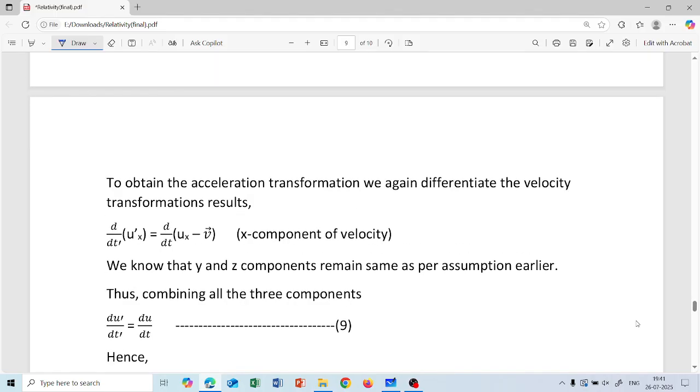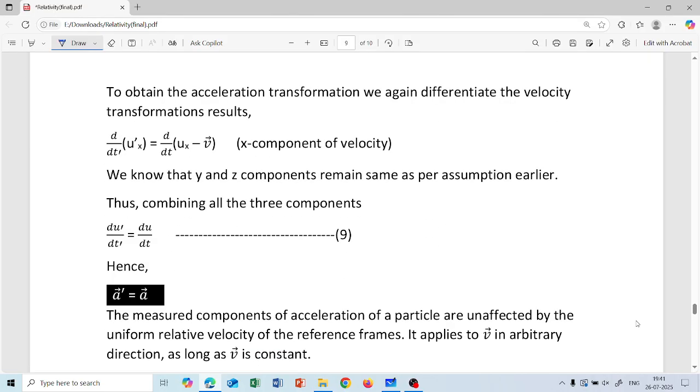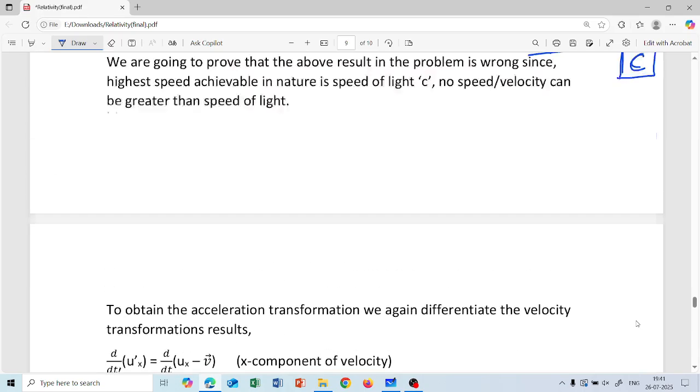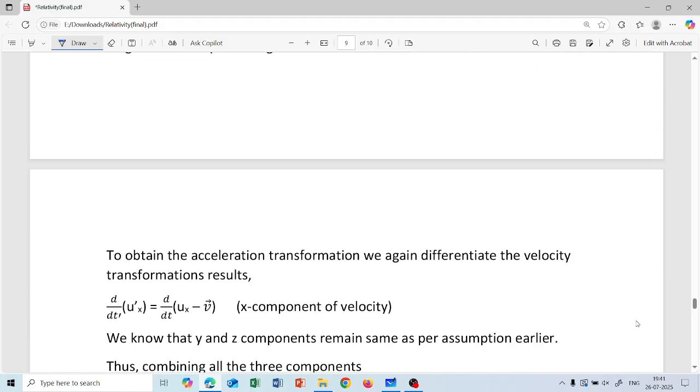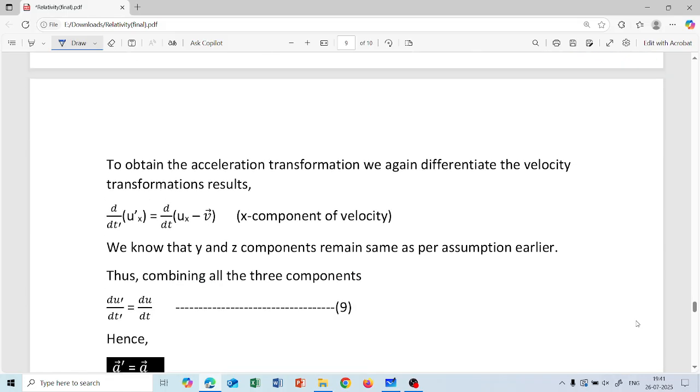Now we will again obtain the transformation for acceleration. We have to differentiate the velocity transformation. If we take only the x component, ux prime is equal to ux minus v, where v is a constant velocity.